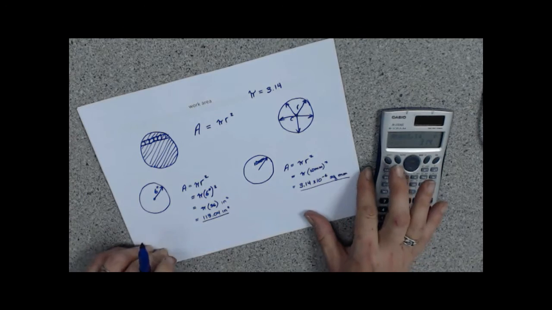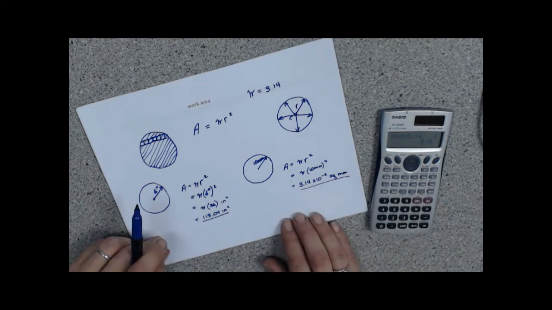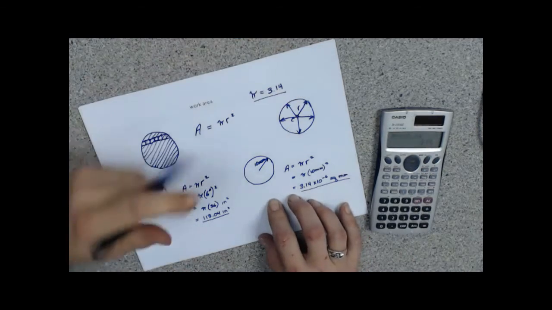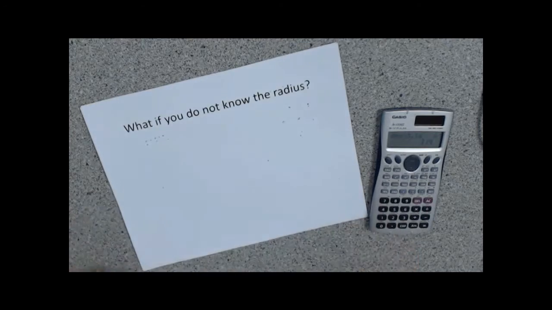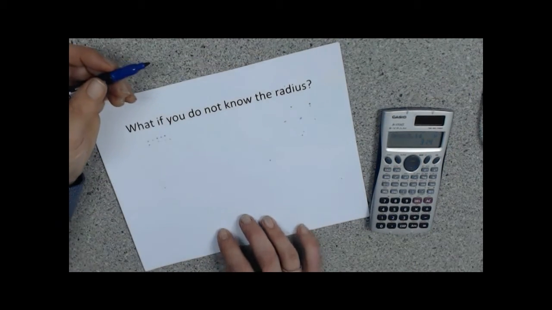In each case, we use the radius to determine the area by multiplying it by itself and then multiplying that result by pi, which is equal to 3.14. The question then becomes, what happens if you don't know what the radius is?